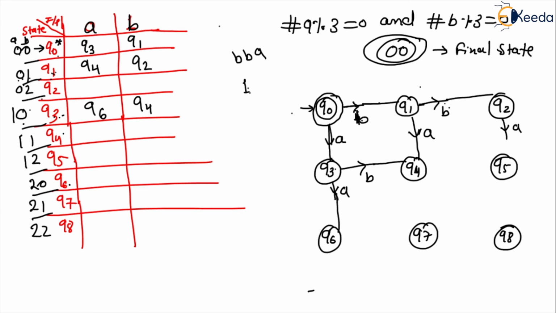You first write down the count of A, and after that write down the count of B, because the first remainder is the count of A and the second remainder is the count of B. So the number of A is 1 and the number of B is 2. When you divide 1 by 3, the remainder is 1, and when you divide 2 by 3, the remainder is 2. Means 1, 2 is the remainder. When you apply input A, it goes to the state whose remainder is 1, 2. Which state has remainder 1, 2? That is Q5. So when you apply A, it goes to the Q5 state.